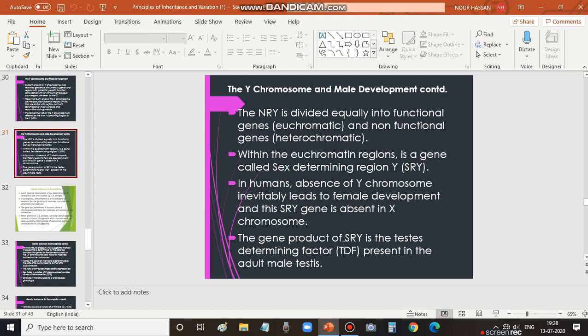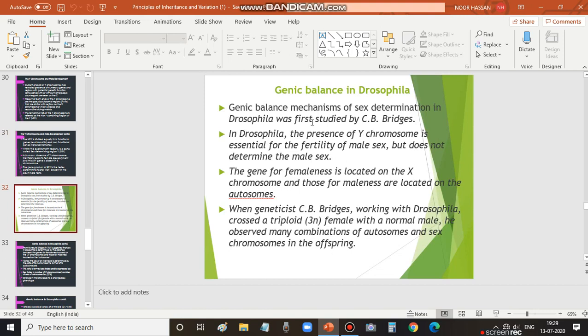The gene product of SRY is the testis determining factor, that is TDF, which is present in the adult male testis.